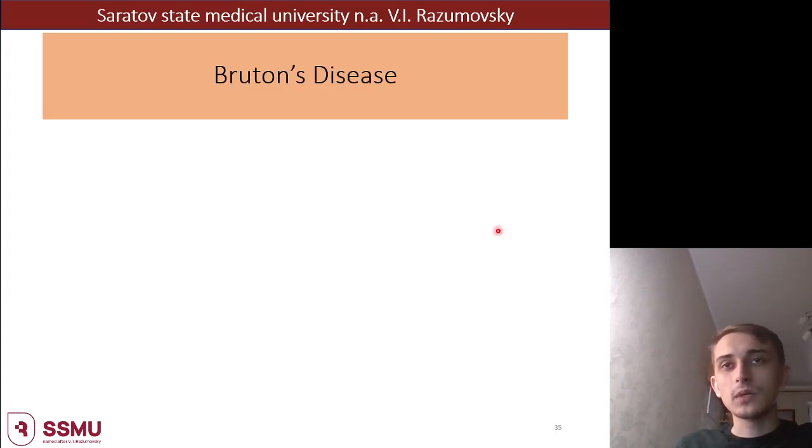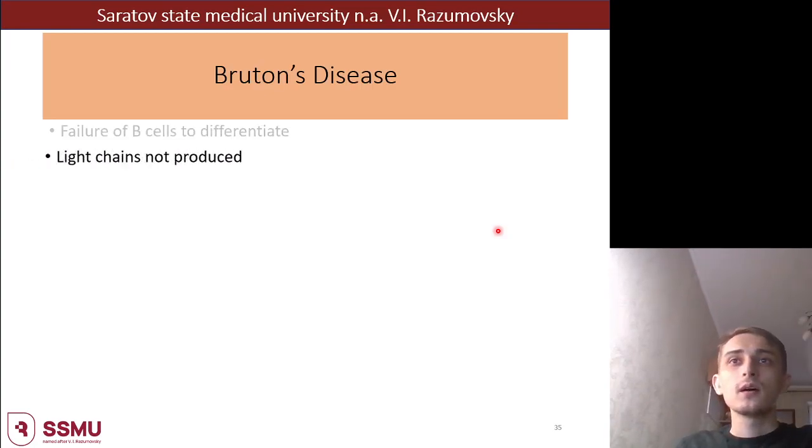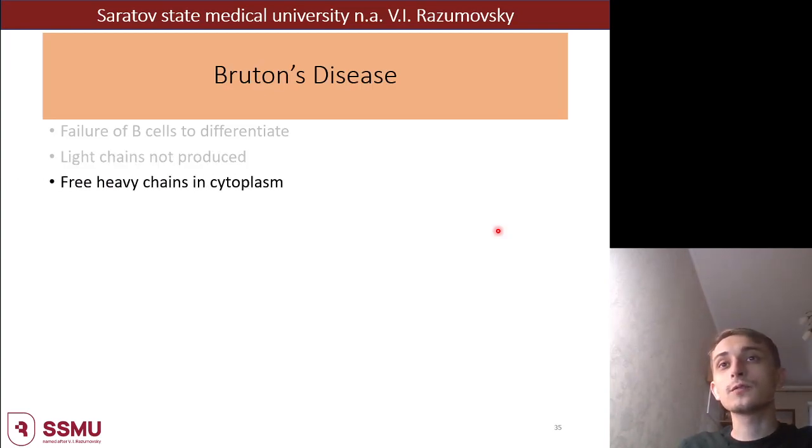And some immunodeficiency syndromes in the end of our lecture. The first one is Bruton's disease, associated with failure of B cells. Light chains of immunoglobulins are not produced, and we may see a lot of heavy chains in the cytoplasm.